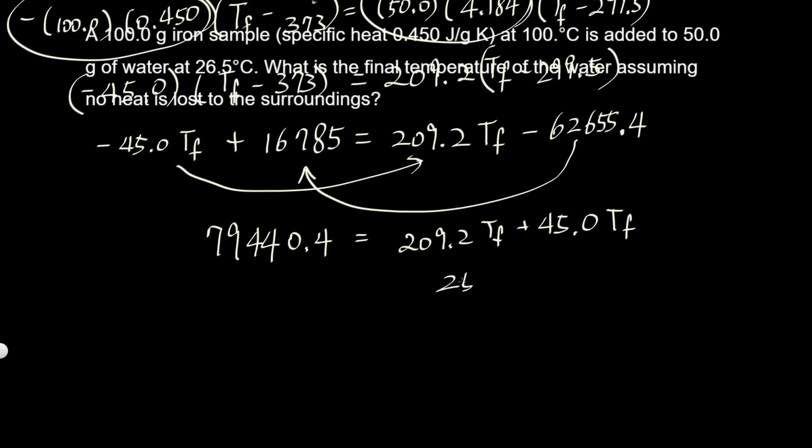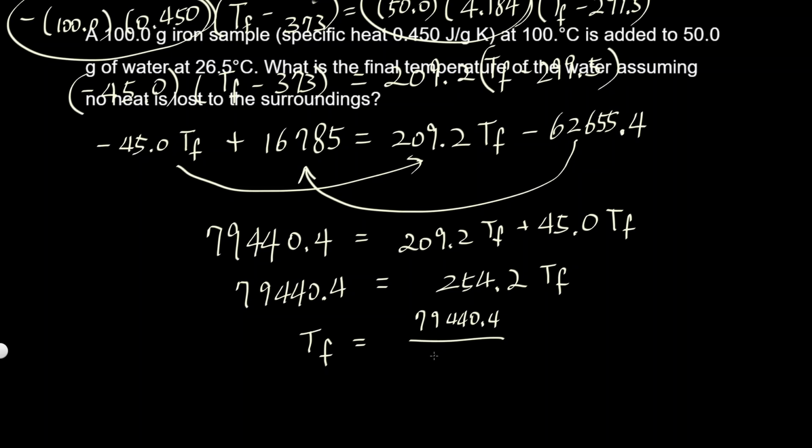It's going to be 254.2 TF equals 79440.4. Now I divide. So my TF is going to be 79440.4 over 254.2, which is going to be 312.5.